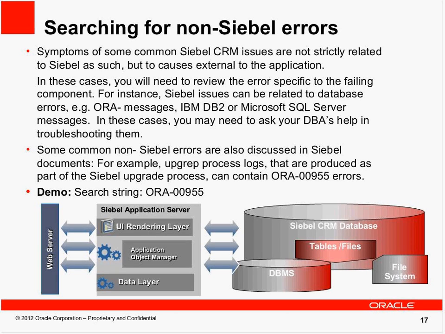For example, this can be related to a database problem. You will get ORA messages or DB2 or SQL Server messages. And in this case, you may need to ask your DBA to help you troubleshoot these errors. However, some common non-Siebel errors are also discussed in Siebel documents. For example, our grep process logs can contain RS00955 errors, and we can do a search later for this.